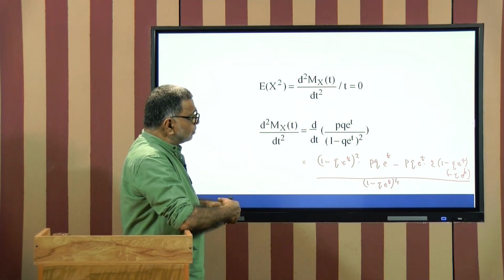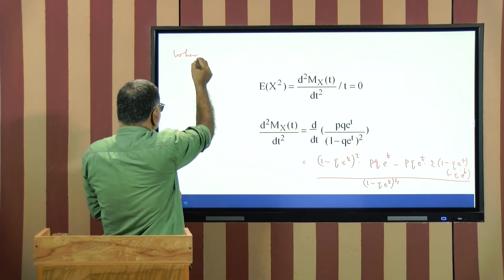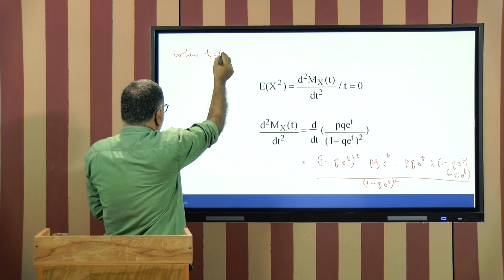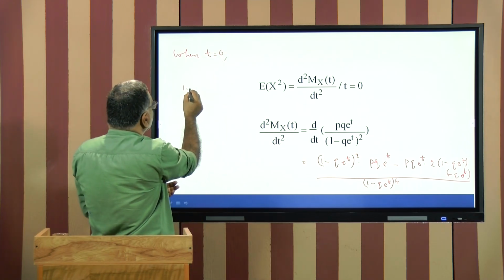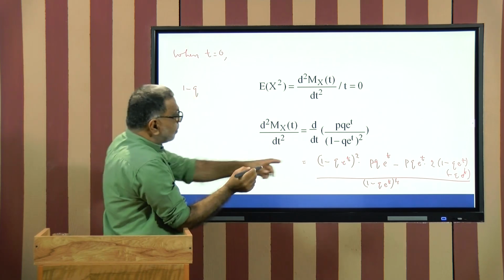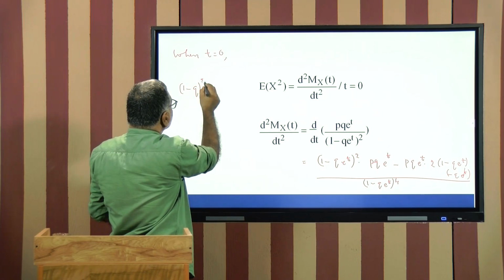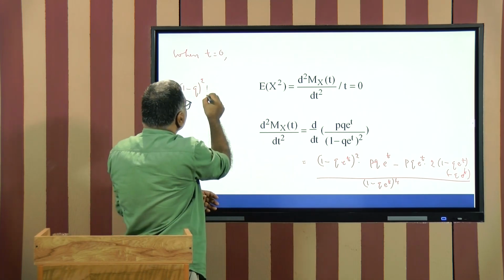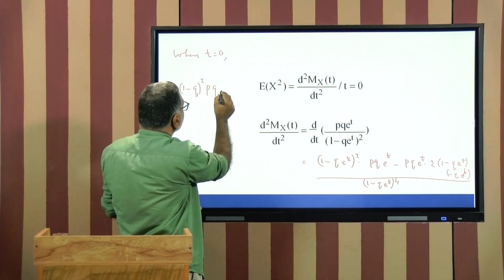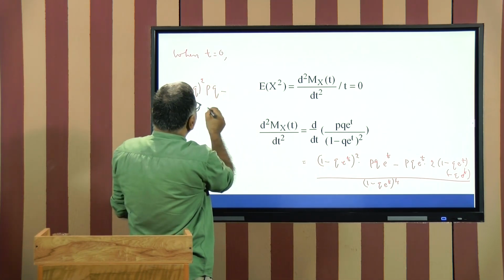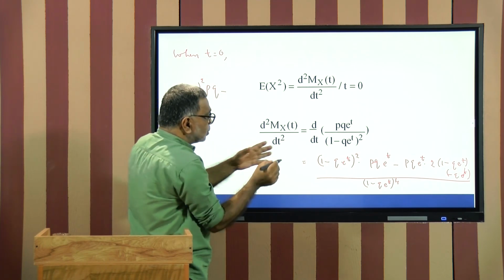When t is equal to 0, you can see this value is 1 minus q e power 0, that is 1. So, (1 minus q) the whole square p q e power 0, that is 1, minus p q into e power 0, that is 1.